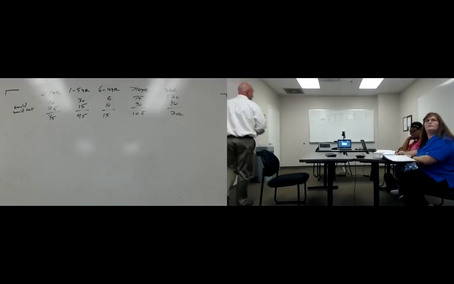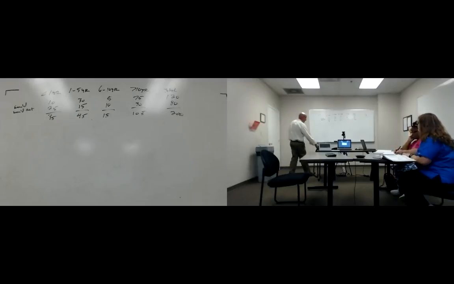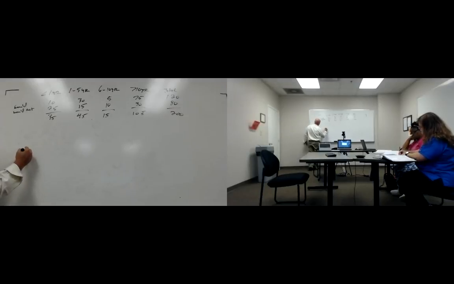Now just put this data up on the board and let's build this tree diagram. So, starting out, we're going to have one starting point. What are the two possible outcomes?